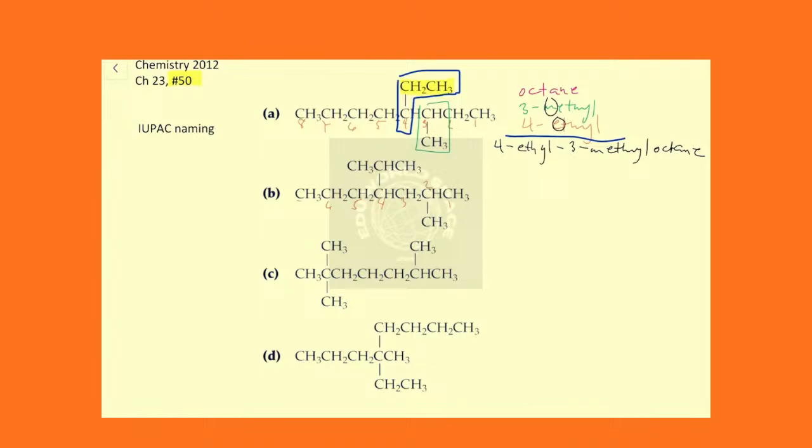Right, so hopefully you remembered what isopropyl looked like. So finally, we've gone over all the branch points, and we could combine all the information we have.